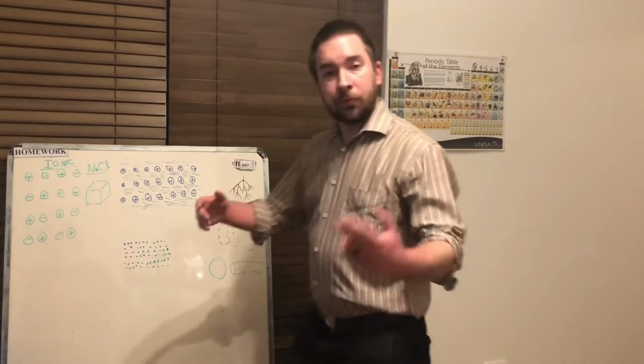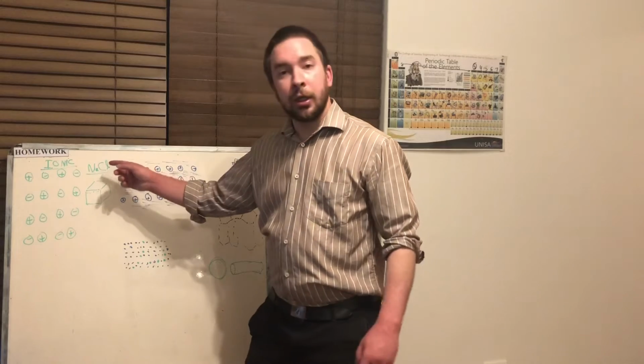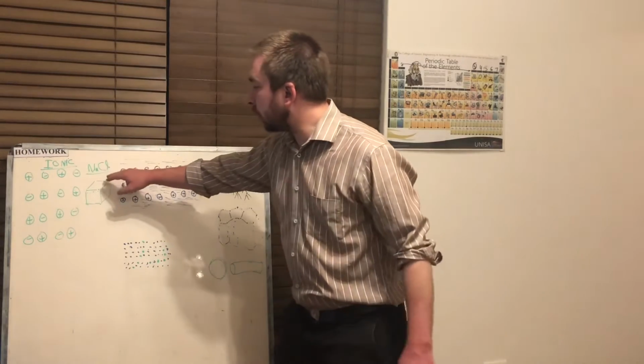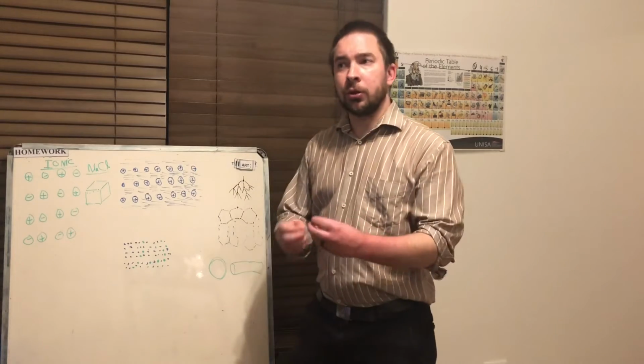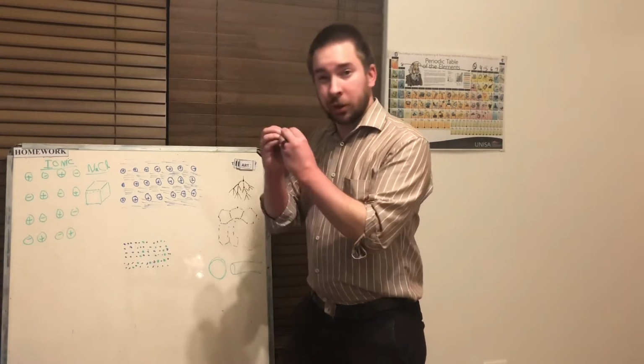So for example, sodium chloride. Now we know we write the formula unit like this, NaCl, one of each, but we know it's not a little molecule, one sodium, one chloride.